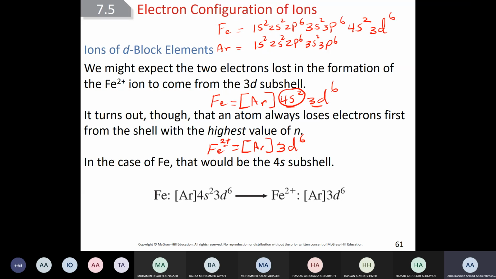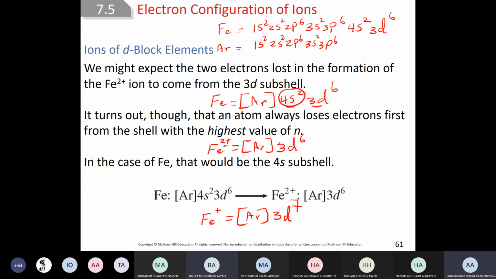Even if you have 1 electron, if I have, for example, Fe plus, what will be the structure? Argon 4s1 3d6. 3d7. Tell me why.